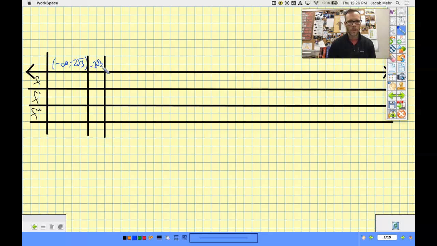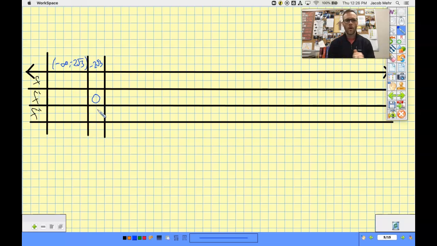Negative 2 root 3 gets its own column, and here's why. I can put in and find its y value. That's why f gets its own row. I can find exactly where that critical number's y value is, which will help me graph. I can also make notes. It was a critical number, so f prime was 0, so I can make that note here and see it when I look, so I can remember what is what.